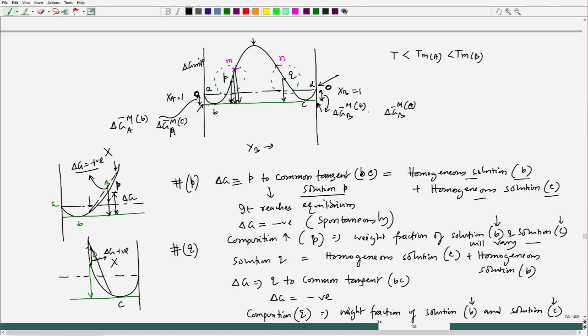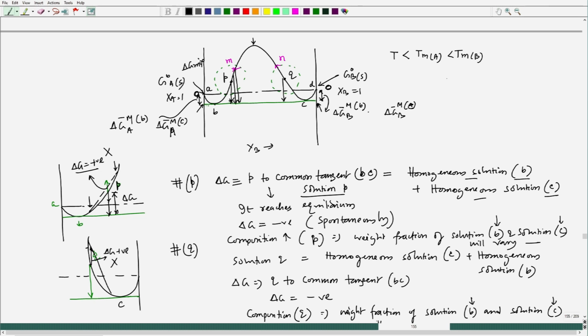So, in both cases I can assign the free energy of pure metal as 0. So, this is G_B naught of solid and this point can be G naught of A solid.